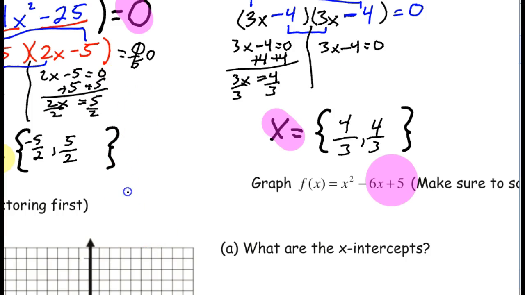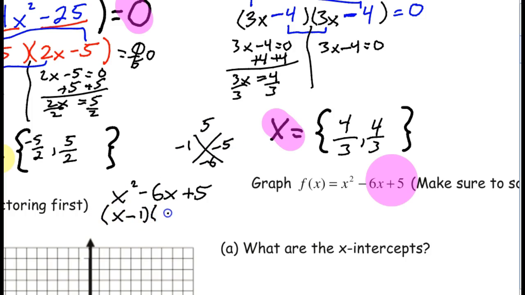So we're going to have x squared minus 6x plus 5. So what 2 numbers multiply to 5 and add to negative 6? You'll get negative 1 and negative 5. So we got x minus 1 and x minus 5.